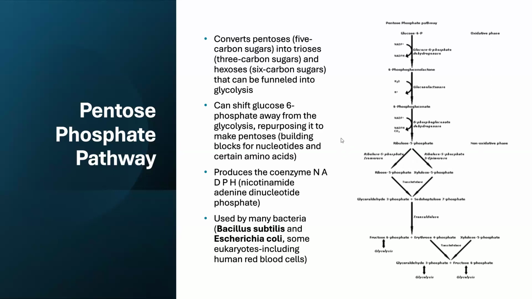This can ultimately result in the formation of nucleic acid sugars, like pentose sugars such as ribose and deoxyribose. It also produces NADPH, which can be useful for the cell as well, because that can act as a coenzyme.